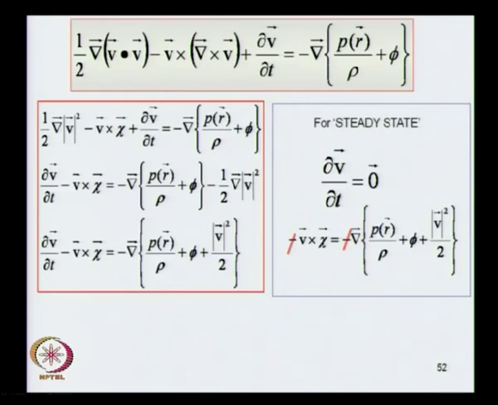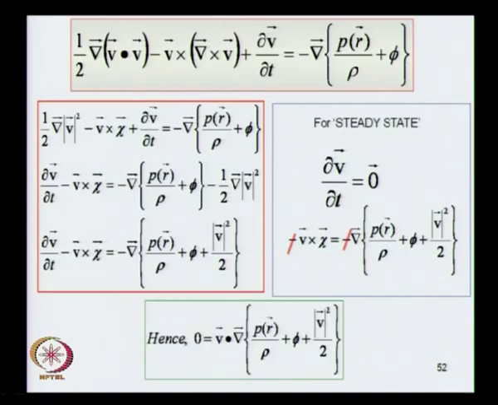And now, if you take the dot product of both sides of the equation with velocity, what do you get? On the right hand side you get v dot the gradient of this term, on the left side you get v dot v cross chi, which is the scalar triple product of three vectors v, v and chi, two of which are the same, therefore, the box product, the scalar triple product goes to 0.